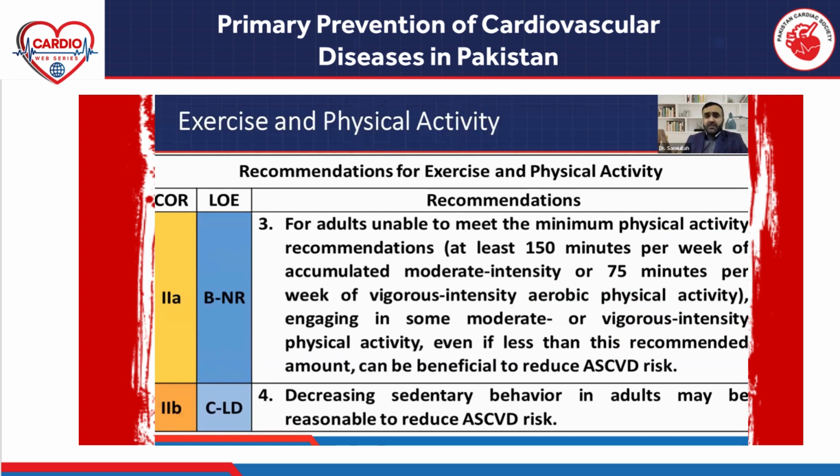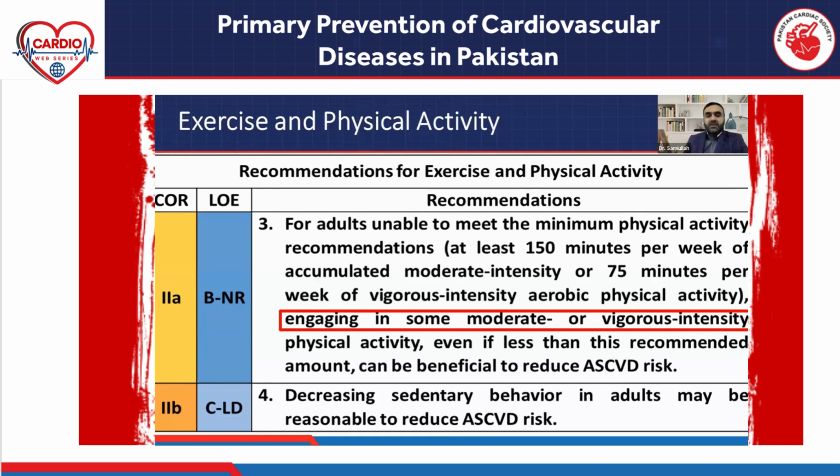If a patient is unable to meet this minimum requirement, the 150 minutes of moderate or 75 minutes of vigorous, engaging in some moderate or vigorous intensity activity can be beneficial. You can do something as physical activity.